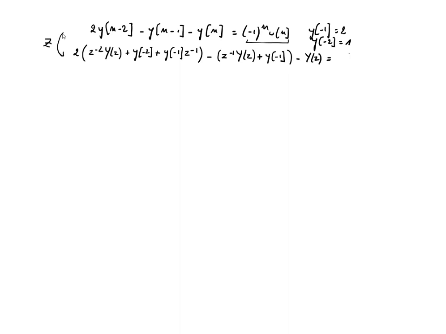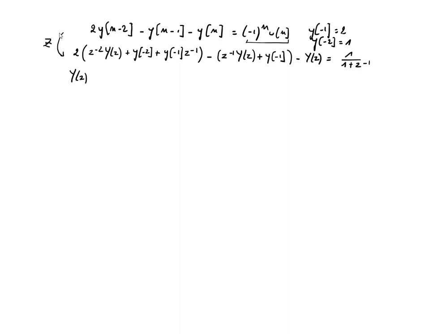Since we shift to the right, we'd better write everything in terms of z minus 1, so we can write it as 1 over (1 plus z minus 1). So let us collect all the terms in Y(z).